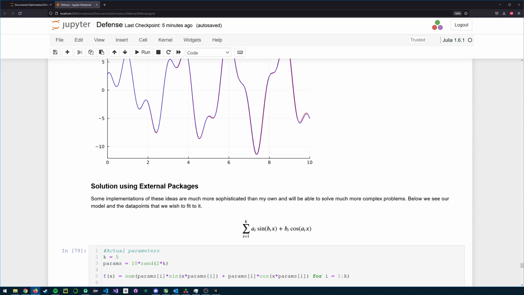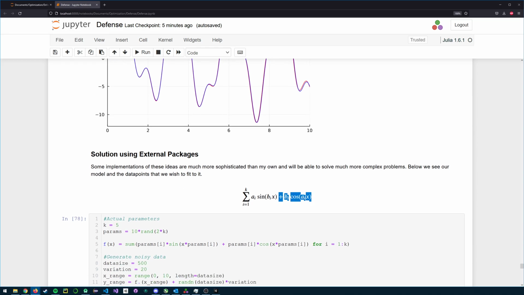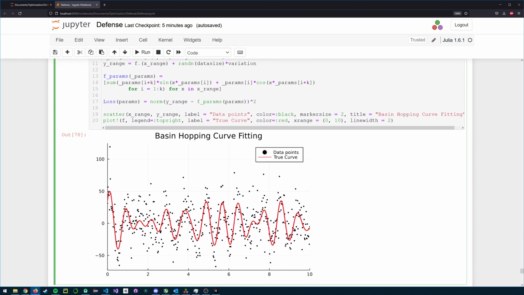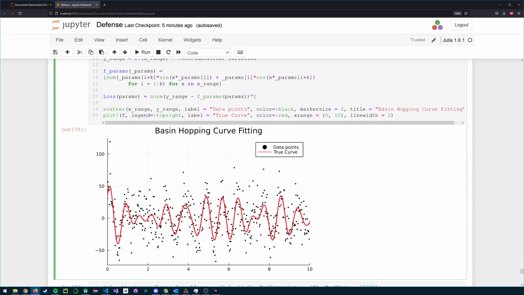So here's the generalization of the model which we were using before. Here I set k equal to 5, which means there are 10 different parameters, right? 5 A's and 5 B's right here. Then I generate our noisy data. We get this curve, 10 parameters.